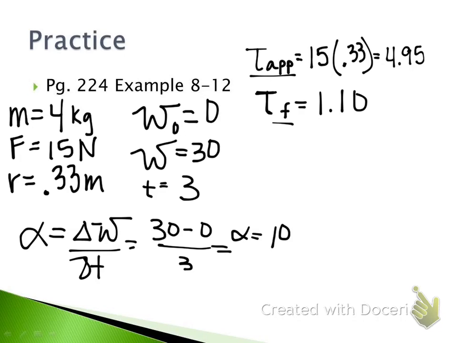So to find net torque, what would we need to do there? Subtract them, right? I want to take friction out because friction is opposing my motion. So I'm going to take 4.95 and subtract out my frictional torque, which means net torque would be 3.85 newton meters. Now how can we go about finding our moment of inertia?